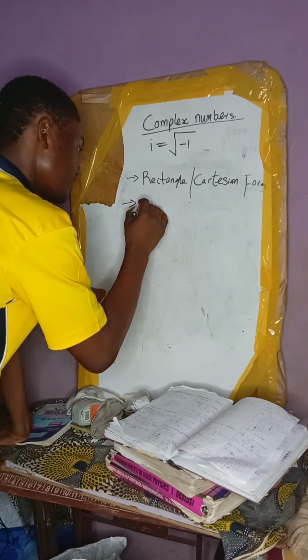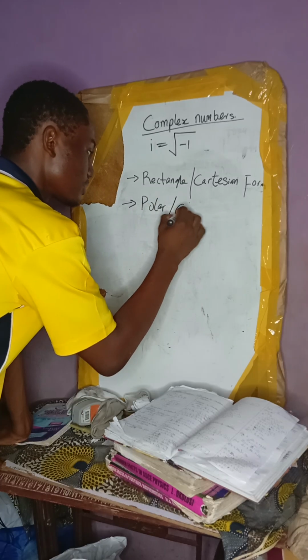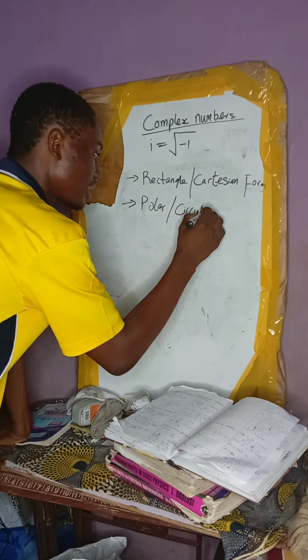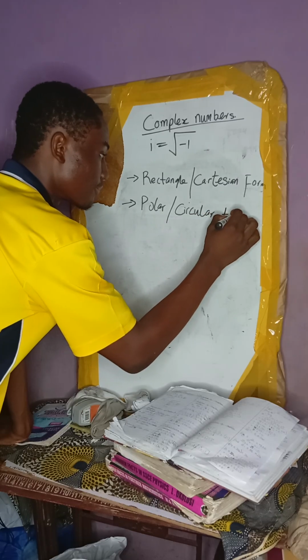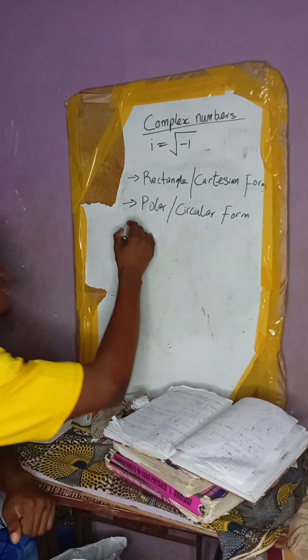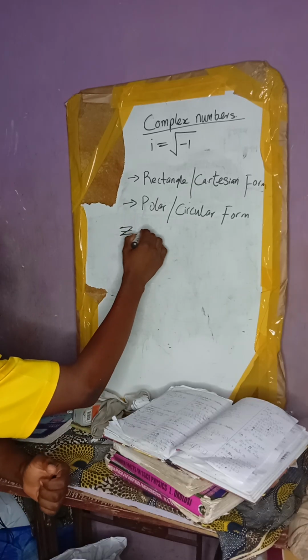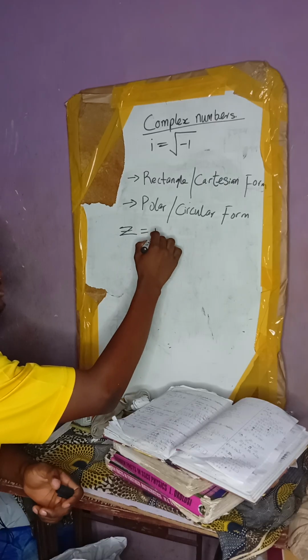So polar form is basically represented like this. Remember, we denote a complex number with z. So this is how the polar form is represented.